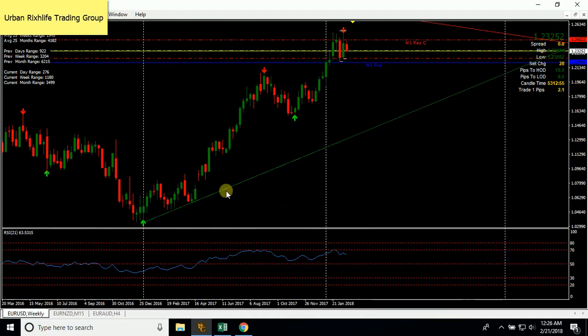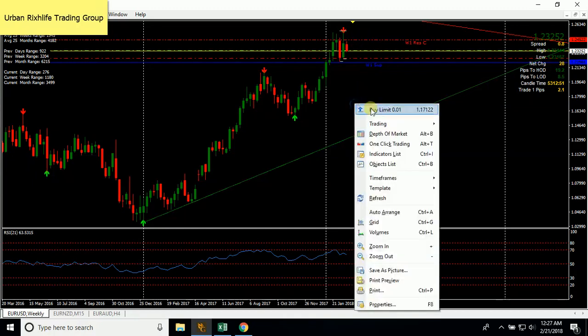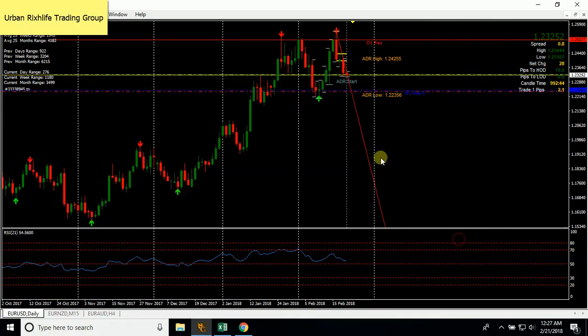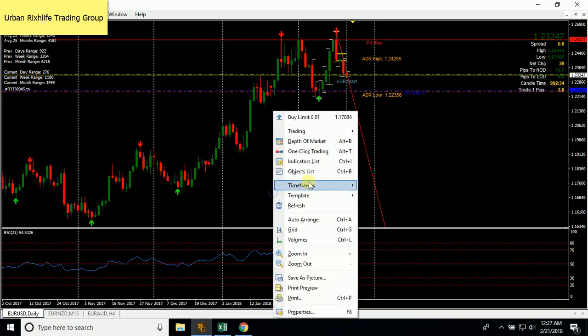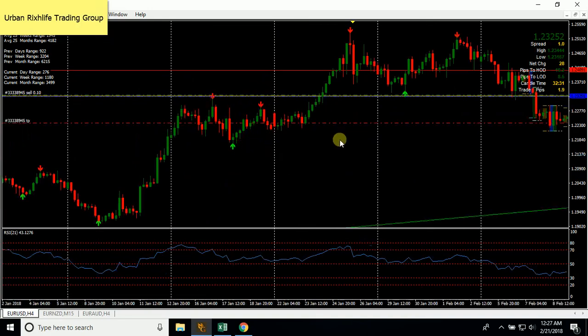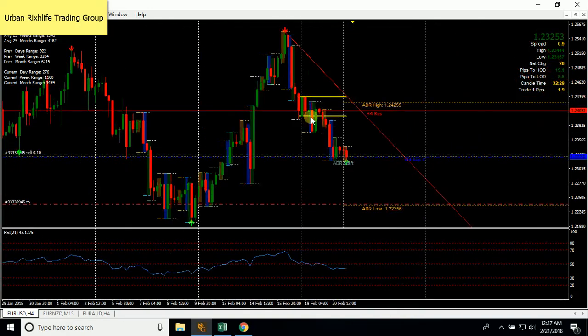On the weekly, we were in an uptrend, we hit resistance, here's support. On the daily, we hit resistance, here's support. Also, you can see divergence here on the RSI. Swing low, swing high. We'll be looking to come back down.